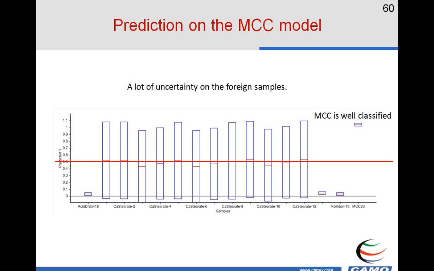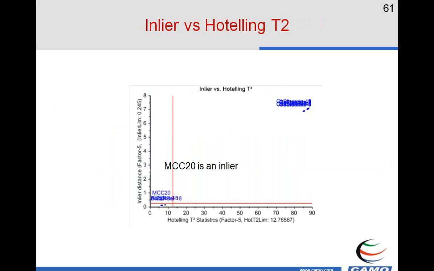Here what happened is that we have MCC that is well classified, even though it gets a value very close to 1.1, so a bit higher than 1, but it is classified in the right group, compared to the SIMCA method. What we can see on this plot, which is Inlier versus Outlier T2, is basically we are trying to see if we can trust all the samples that we are predicting.